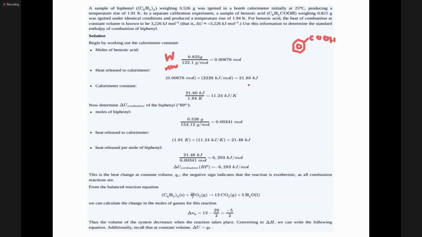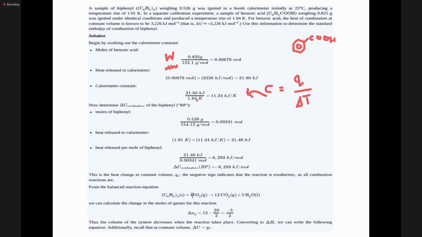Now, 21.80 kilojoule of heat is released for this amount of benzoic acid, and the temperature rise is 1.94 Kelvin. So the calorimeter constant will be the total heat released to the calorimeter, 21.80 kilojoule, divided by the temperature rise. The calorimeter constant C is Q by delta T, so this equation is used here.